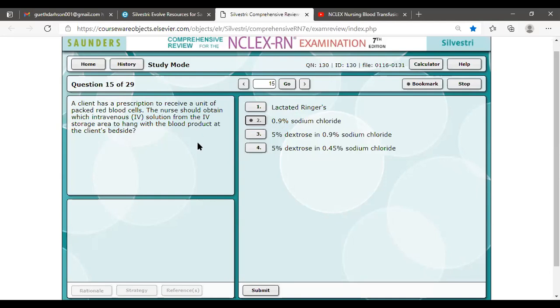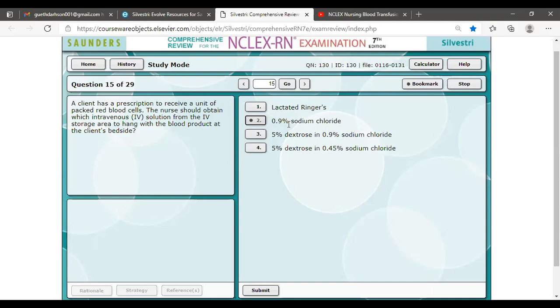So when you give the blood transfusion, always keep the normal saline beside the blood transfusion. If the blood finishes or if there is any kind of blood transfusion reaction, you immediately stop the blood transfusion, and at the same time we start the normal saline solution.